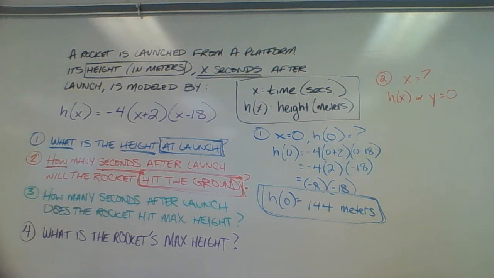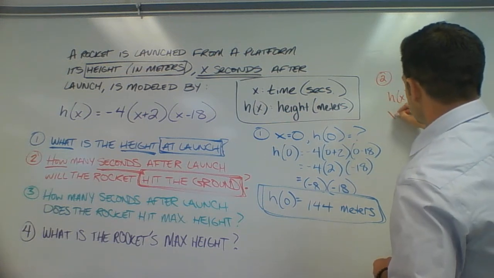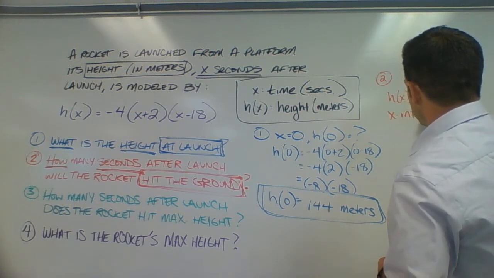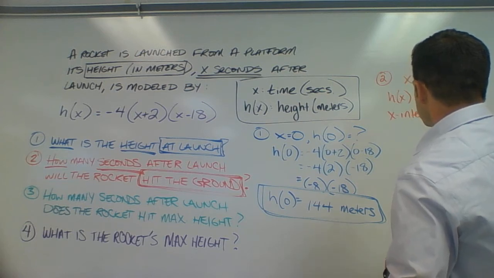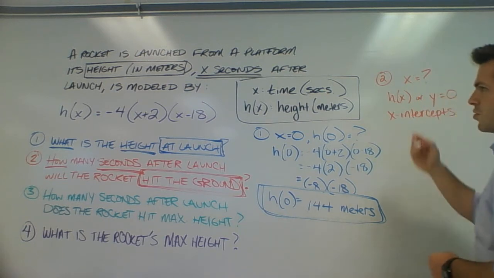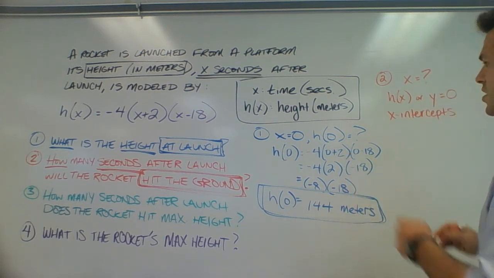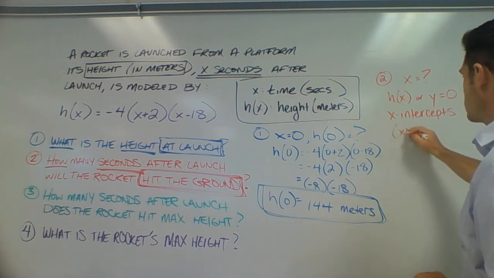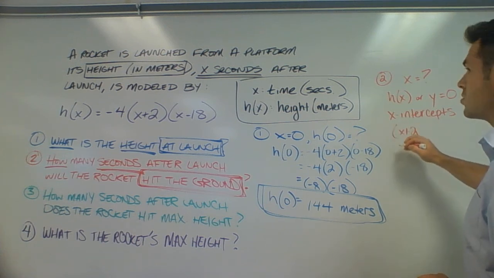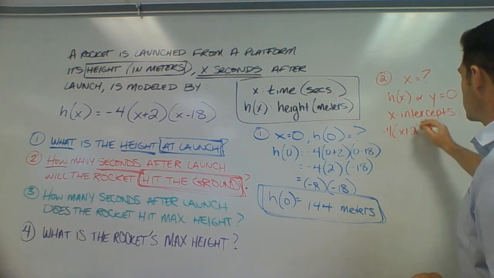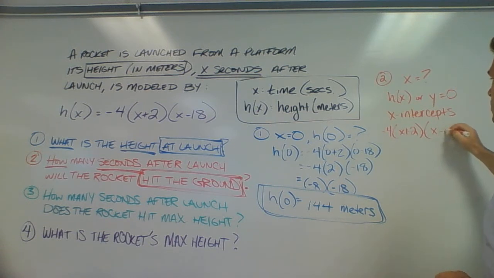So here, this problem is really set up for us, because we have two parentheses for our functions. We have an x plus 2, and we have an x minus 18.